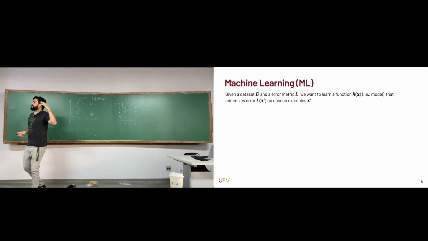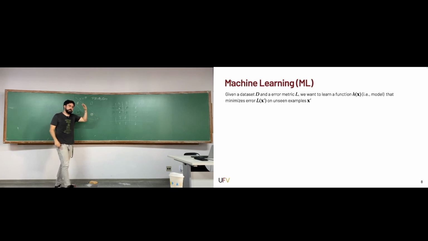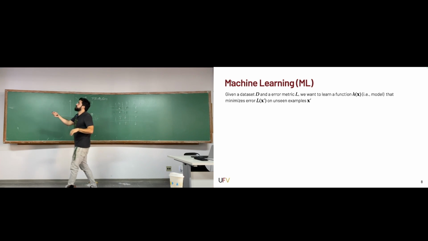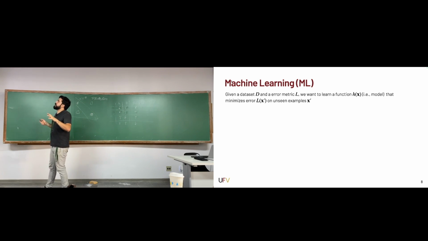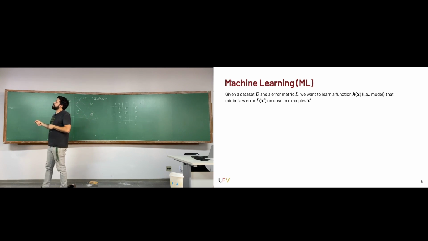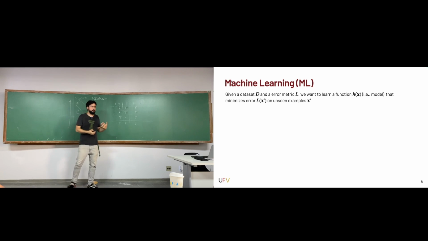When you're optimizing something, you can think of performance that you want to maximize. You can also think about error, which you want to minimize. So let's just think about minimization. And so we have an error metric L, and we want to minimize the error, L of x prime, which is the application of this metric on x prime, which are unseen examples.